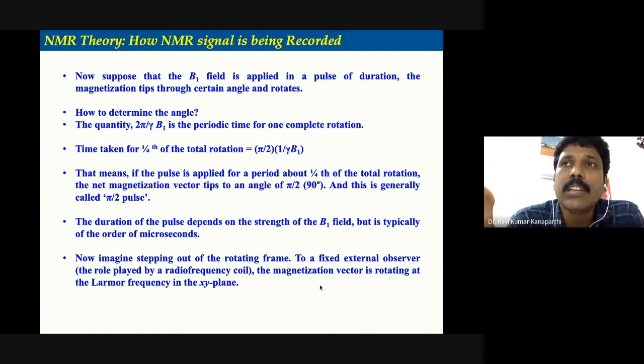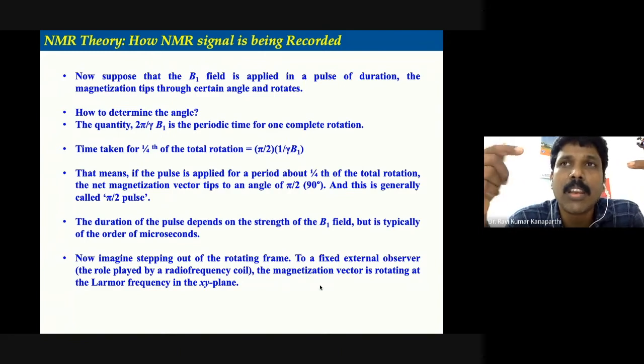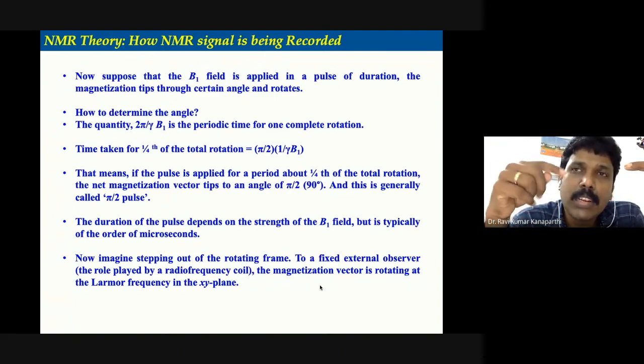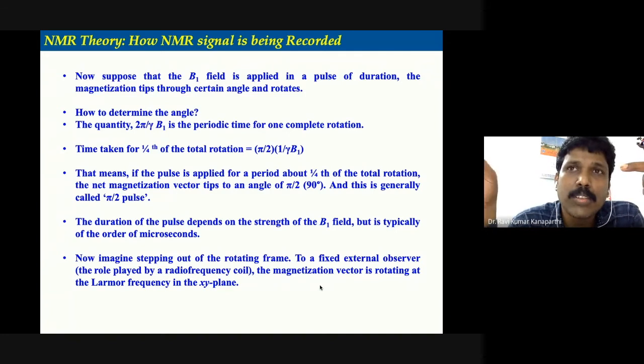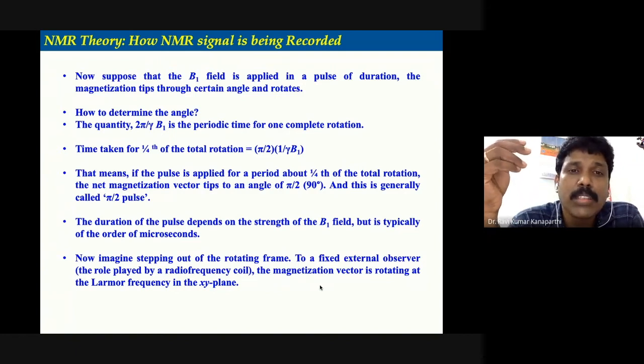What is the periodic time? That is the time taken to complete one cycle. But in this case, please remember that our oscillation is not a sinusoidal wave, it is a rotation. So the time taken for completing one particular rotation is the periodic time.